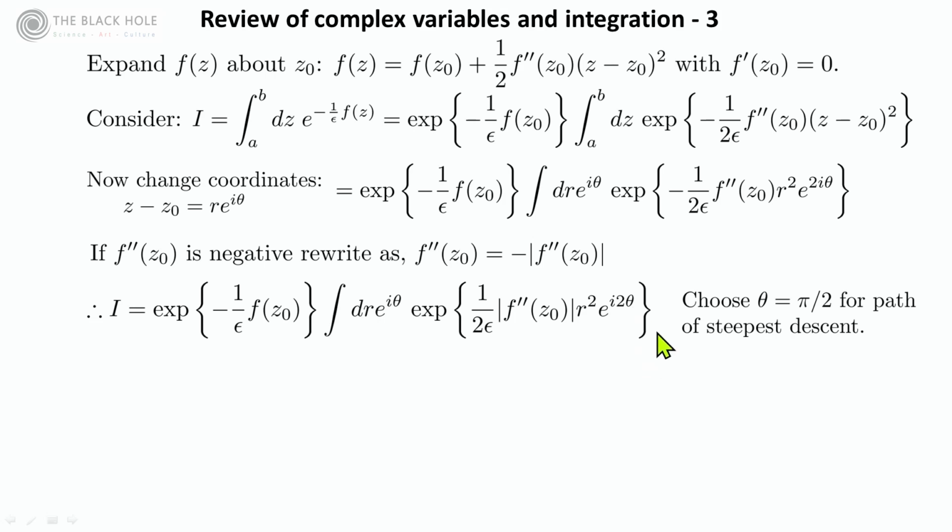If I take theta equal to pi by 2, this becomes a minus over here, which means I'm going to get a convergent integral.